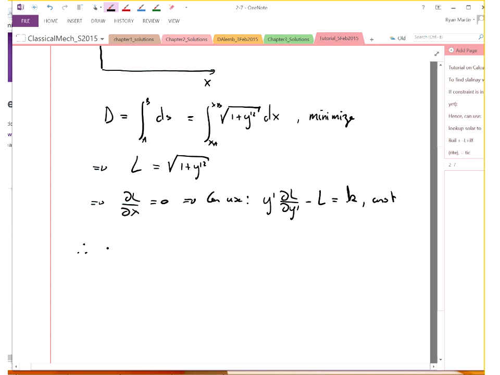So plugging that in, I have y prime, and then I have my usual derivative of the square root of 1 plus y prime squared. That seems to come up a lot, right? So we know the derivative of that is y prime over the square root of 1 plus y prime squared, and that's going to be minus L, which is simply the square root of 1 plus y prime squared.